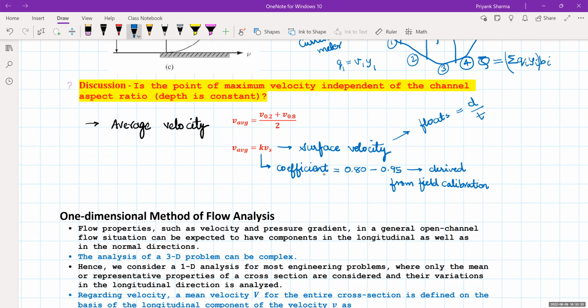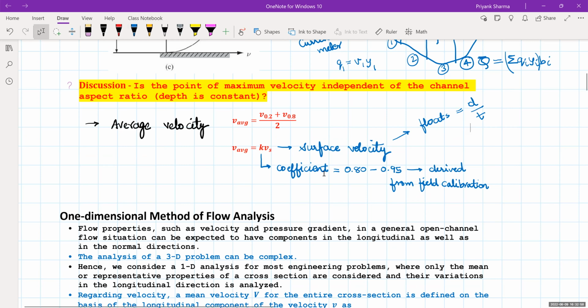That will give you the velocity, and you multiply by a coefficient. This coefficient depends upon various factors, that is the field conditions, and it is also derived from field calibration. If you know the surface velocity, you can also find the average velocity. So this method is independent of the current meter. Using the float only you can do that.